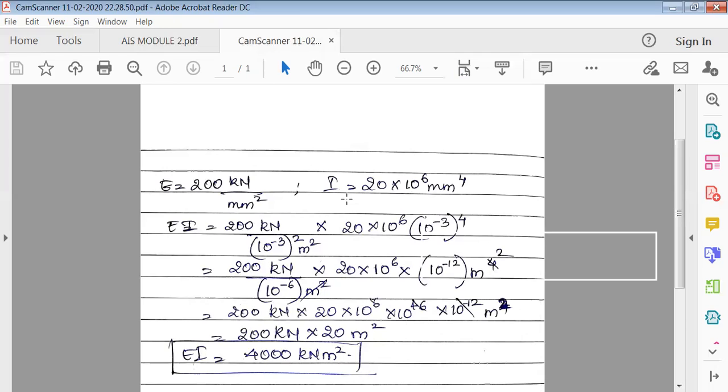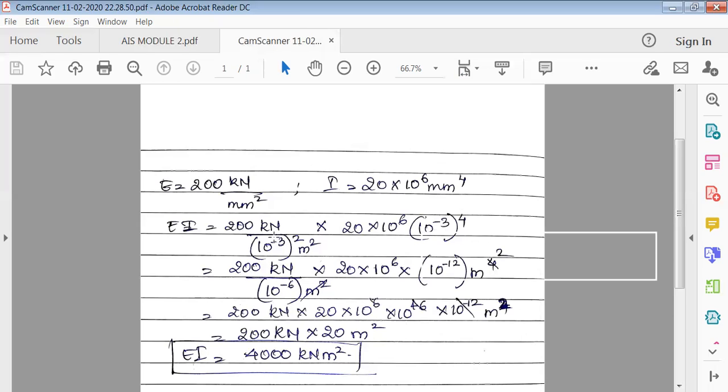Next, into I. I is 20 into 10 to the power 6, write it as it is. Wherever this unit is there, replace it with meter. Meter raised to 4 is 10 to the power minus 3, so it gets converted to meter. Close the bracket, raised to 4.